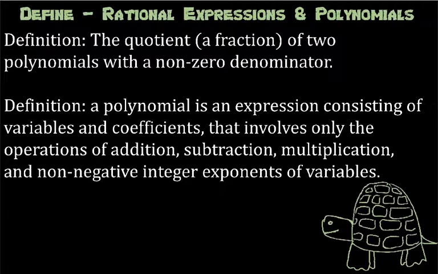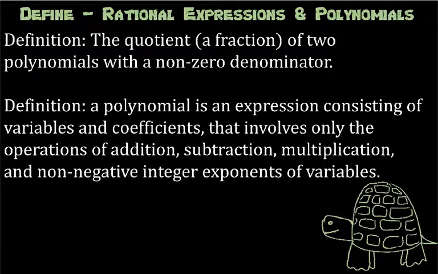So here we have two definitions. First, we have a definition of a rational expression, which is a quotient or a fraction of two polynomials with a non-zero denominator. So again, like rational numbers, it's a quotient or a fraction. And this time we have a polynomial in the numerator and the denominator, no zeros in the denominator.